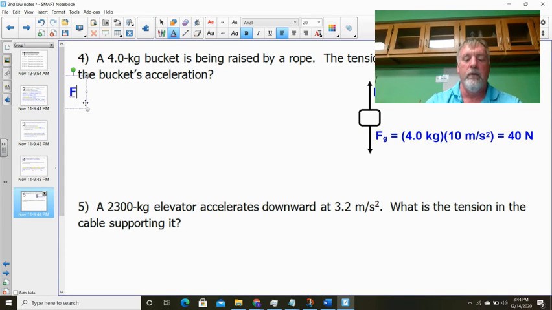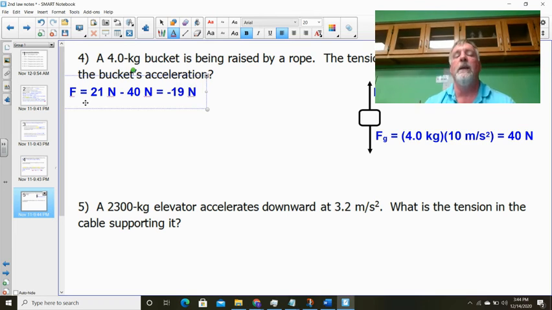What's our net force? It's 21 newtons up minus our 40 newtons down. And we're going to end up with a negative 19 newtons. So we have a net force of negative 19 newtons, or 19 newtons in the downward direction.